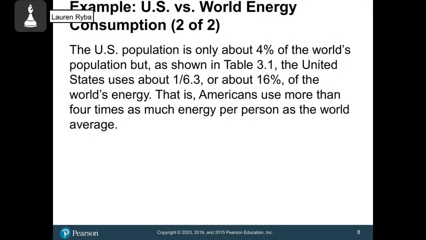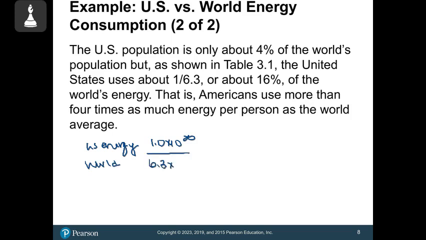So what we just found on the last slide was that the US population is about 4% of the world's population. But if we look back at the tables for energy consumption, US energy was 1.0 times 10 to the 20th, and world energy was 6.3 times 10 to the 20th power.